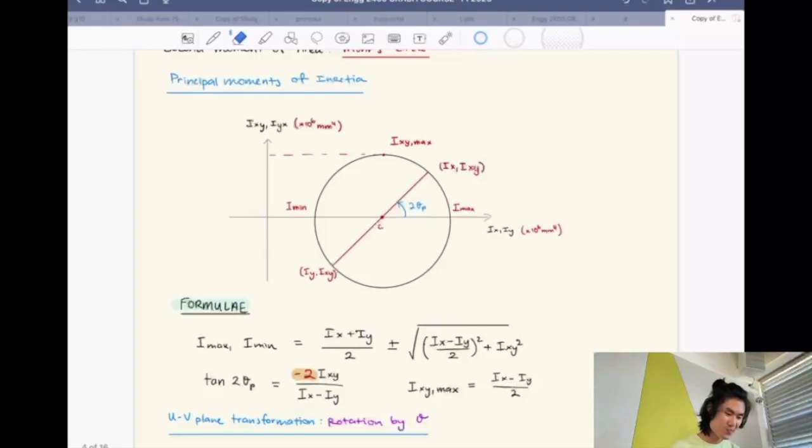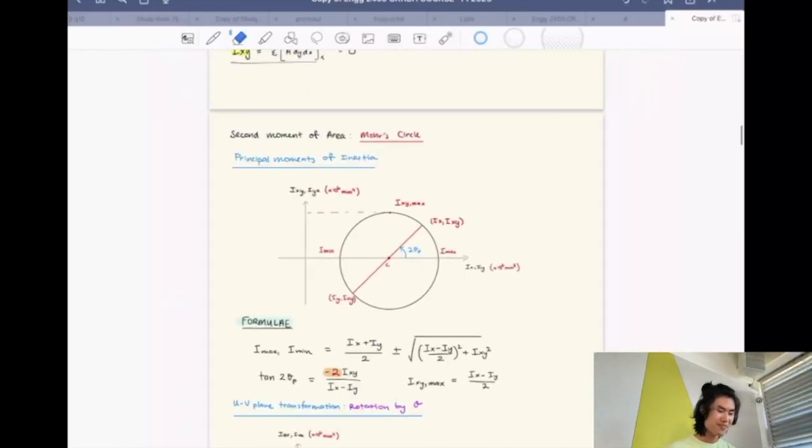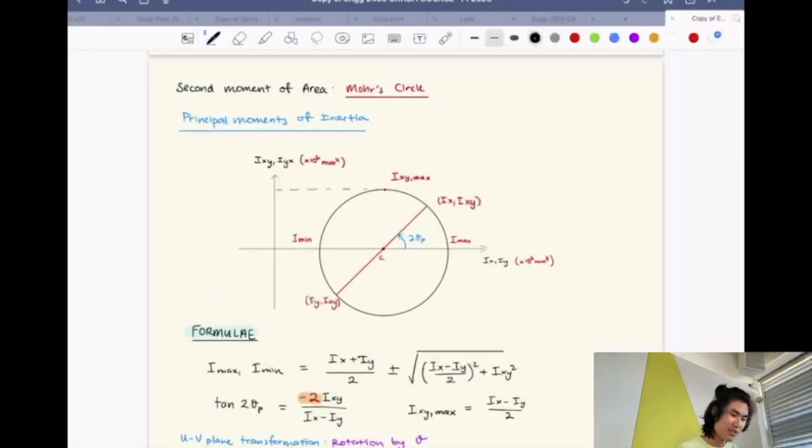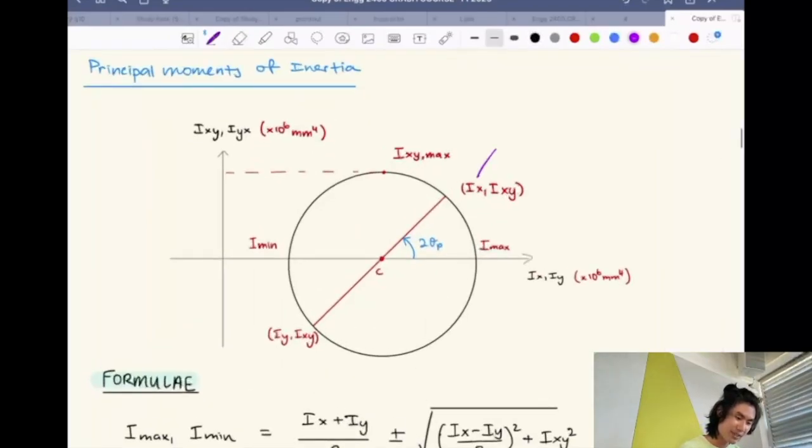Basically, for a moment of inertia within a shape, it will have the values that we've depicted, which is going to be Ix and Iy, right? And Ixy. Now, if Ixy is 0, then that means that your Ix values and Iy values actually sit here, and they will be the maximum and minimum.